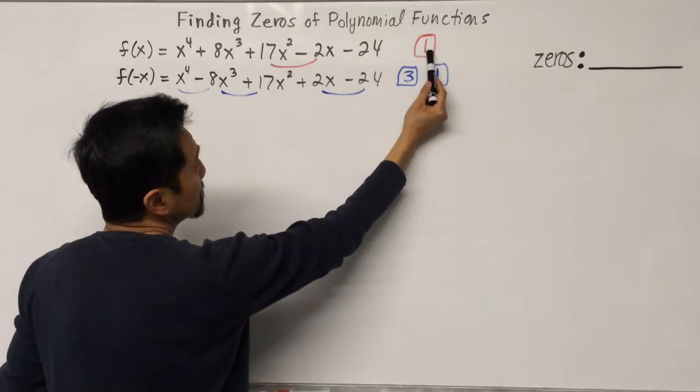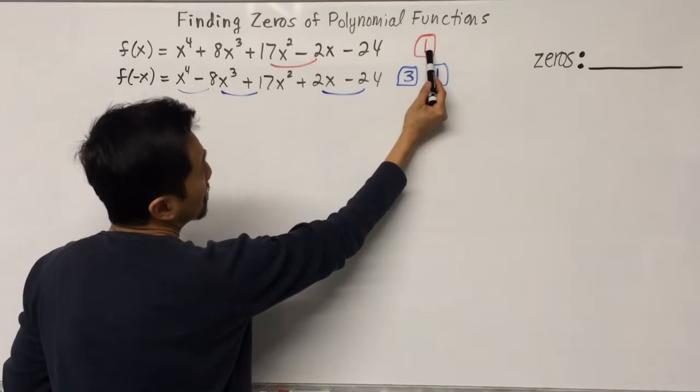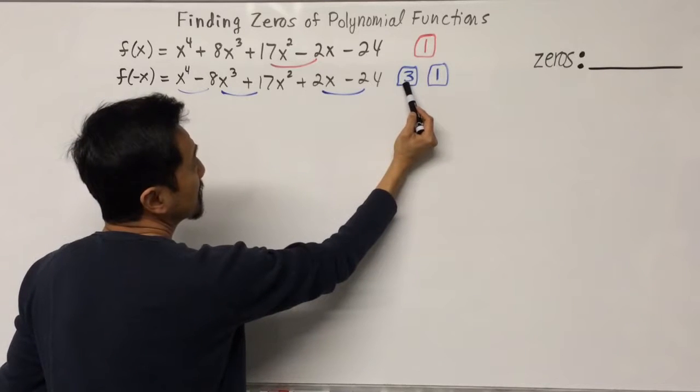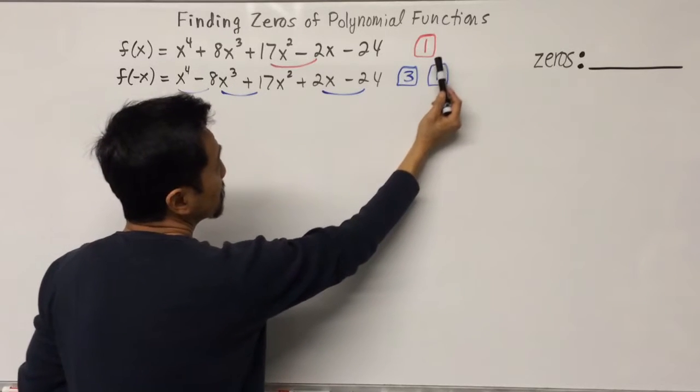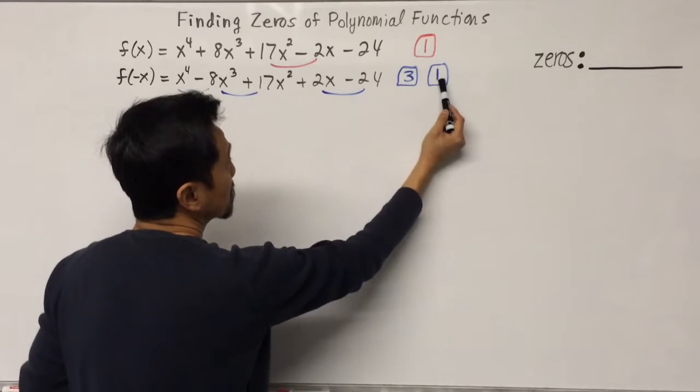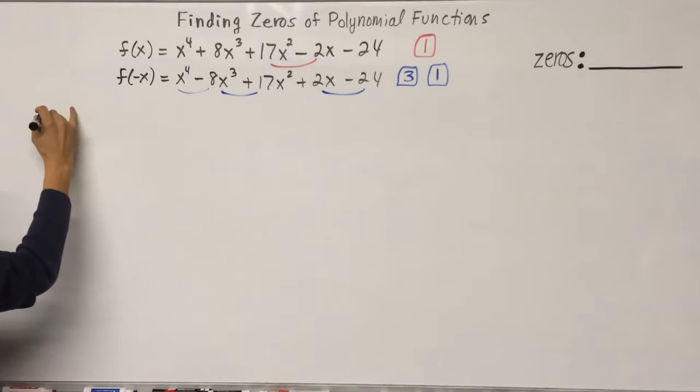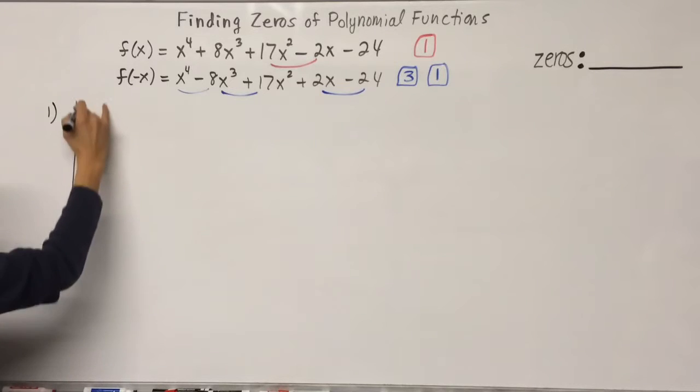One positive real zero with 3 negative real zeros, or one positive with 1 negative real. Okay, and we can summarize that with a little chart, and it's going to have only 2 rows.